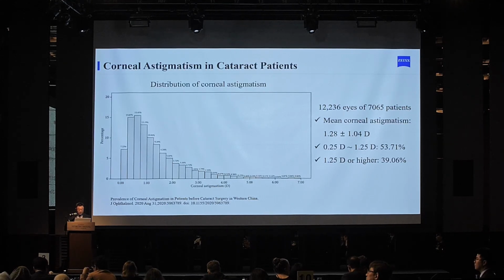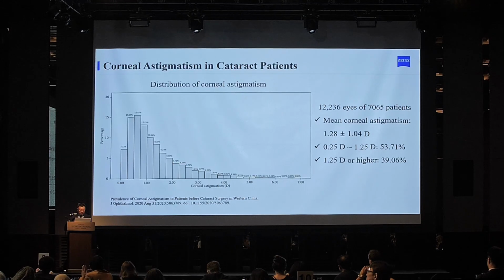There have been many studies to analyze corneal astigmatism in cataract patients. This is one of the large-scale studies in China, showing that 39% of the eyes had corneal astigmatism higher than 1.25 diopters, for which toric intraocular lenses have been proven to be a good option at the time of cataract surgery.